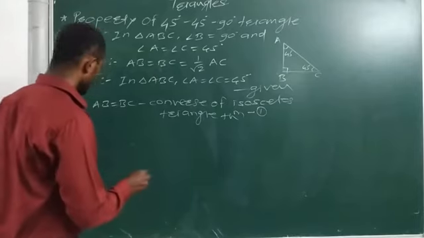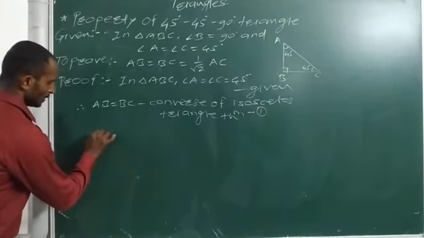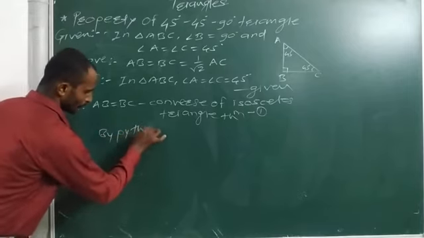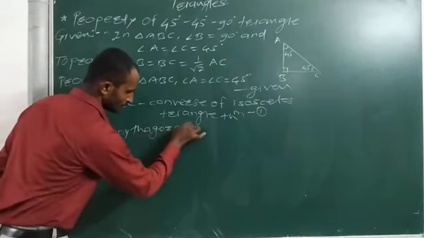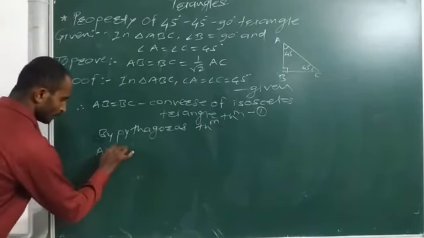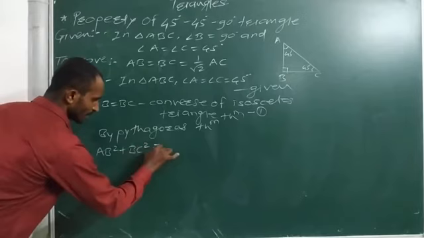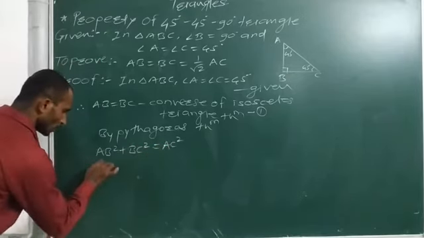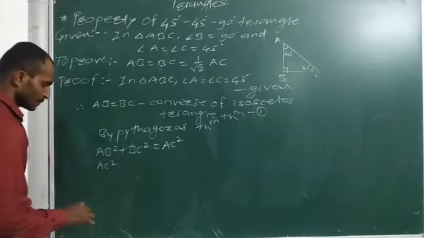Now in triangle ABC, by Pythagoras theorem, we can write AB square plus BC square is equal to AC square. But we can replace BC square with AB square.